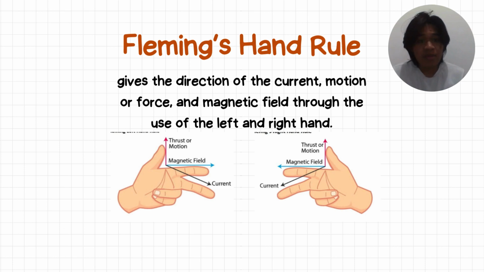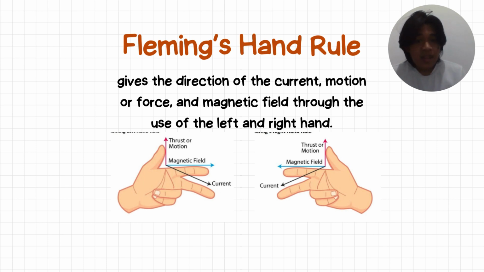Thus, we have Fleming's hand rule. It gives the direction of the current, motion or force, and magnetic field through the use of the left and right hand. Note, when using the left and right hand rule, it is important to know its purpose.